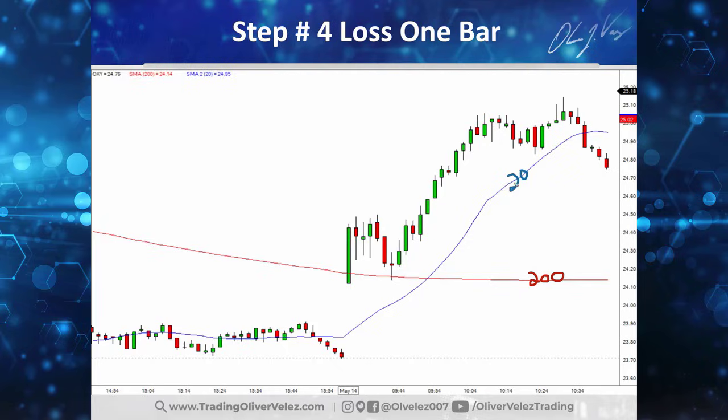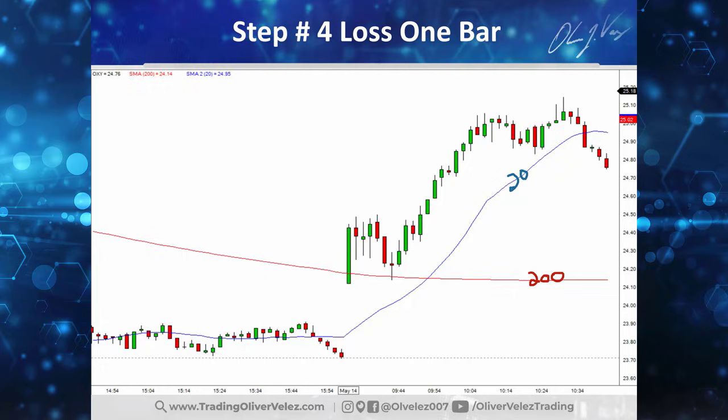The blue moving average is smoothing out the stock's data over 20 individual bars. It's giving you the average of the past 20 bars. The red one is giving you the average of the past 200 bars. All right. Now, my traders know that we don't trade without these 2 moving averages on the chart, and I'm going to speak about them a little more thoroughly later.